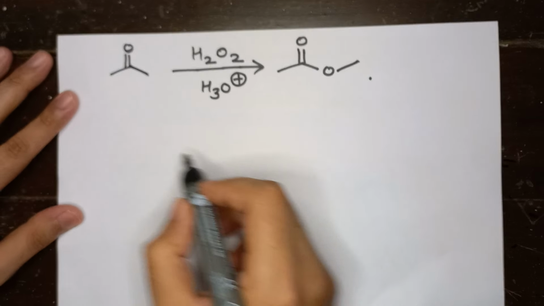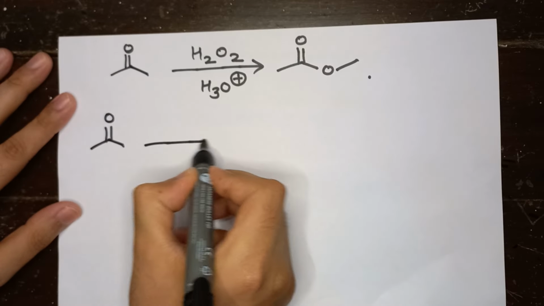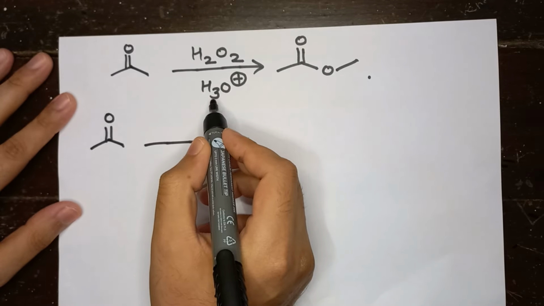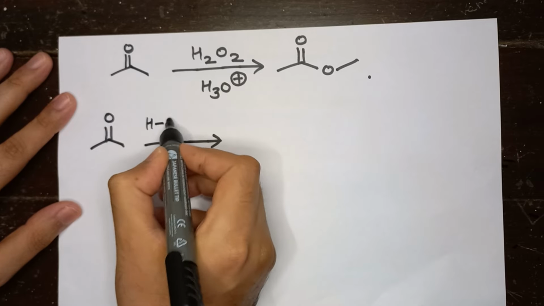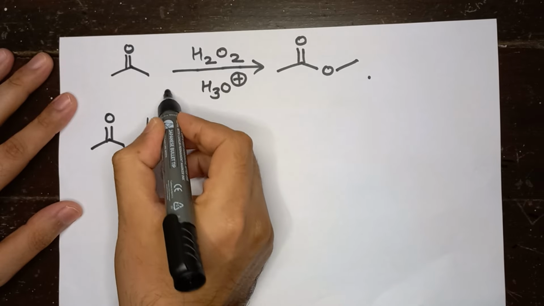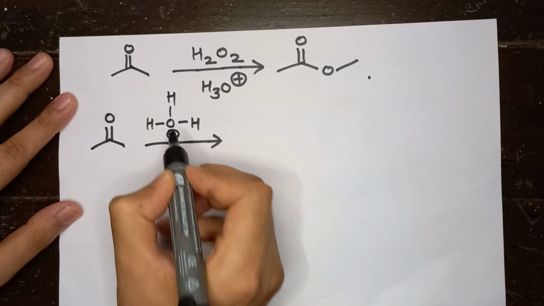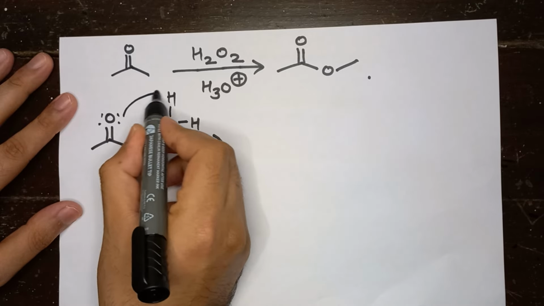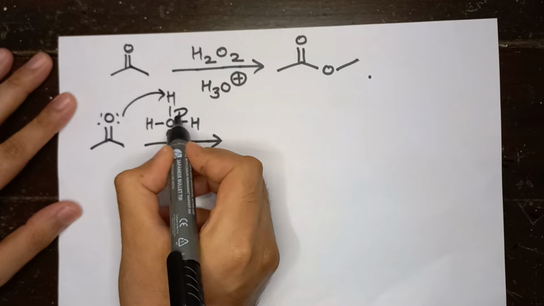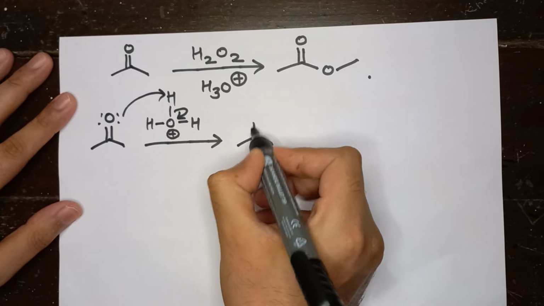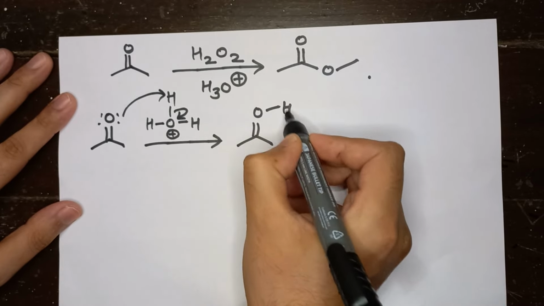Okay, so let's begin. We have a ketone and we have acidic media, we have hydronium ions. This oxygen with its lone pair will grab this proton, will neutralize oxygen, and now we have activated the carbonyl system.